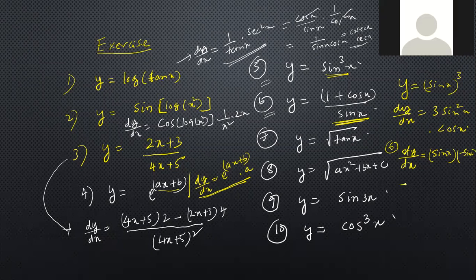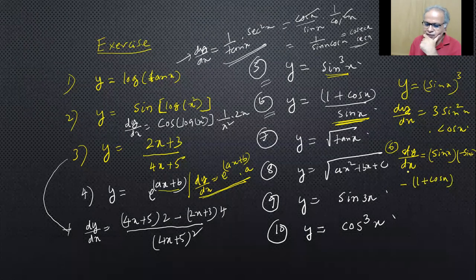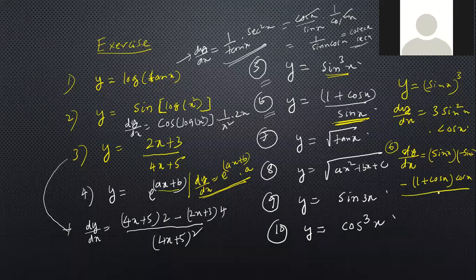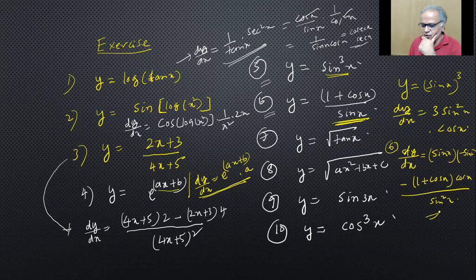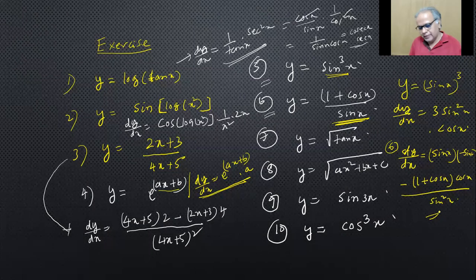Minus, 1 plus cos x, the derivative of sin x is cos x, whole divided by sine square x. That will become minus sine square x. All that simplification you can do, no big deal. Even trigonometry you get used to, right? You can also do the simplification as much as possible.